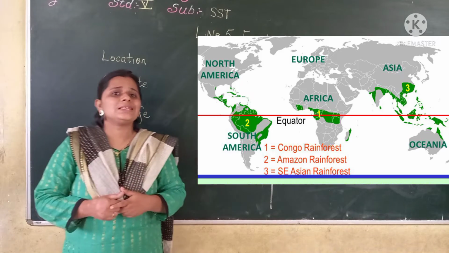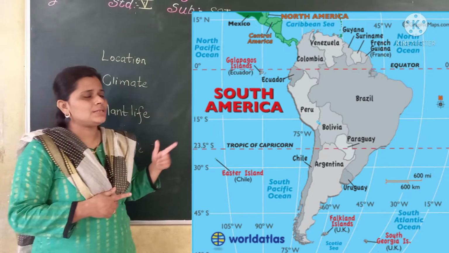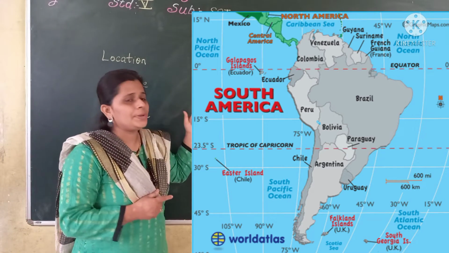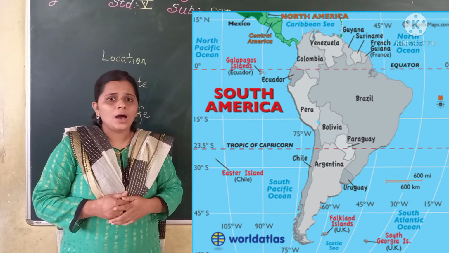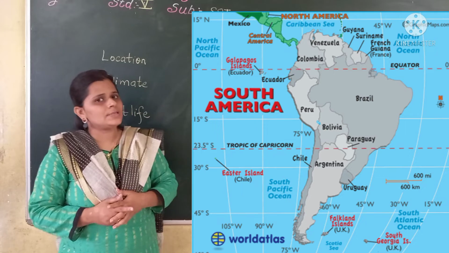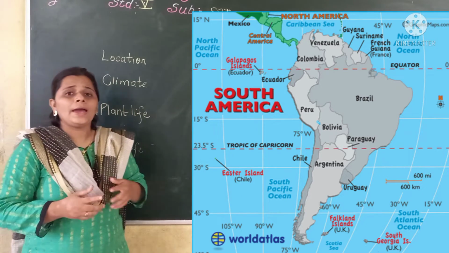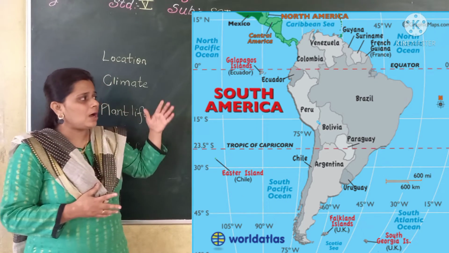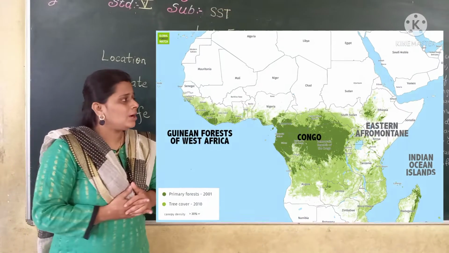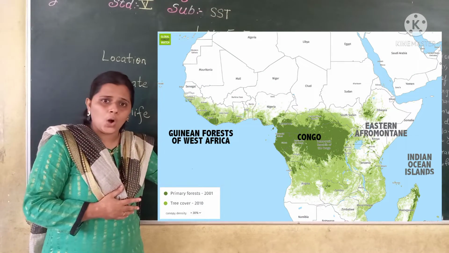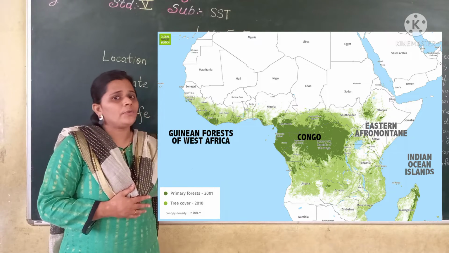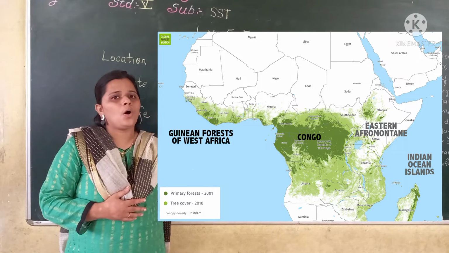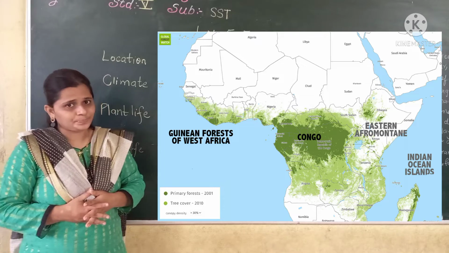So students, in South America, the countries which lie in the equatorial region are Colombia and Brazil. In Africa, it covers the entire region of Congo and the Guinea coast of West Africa.